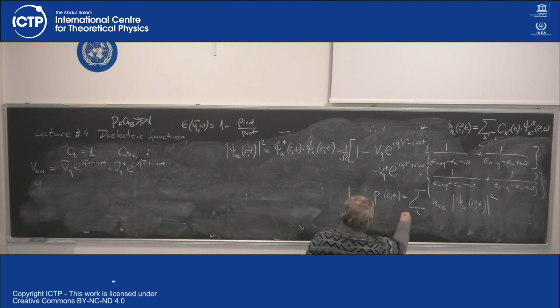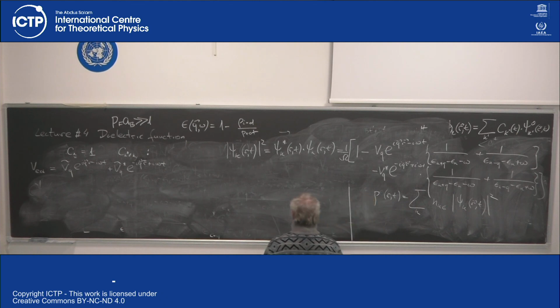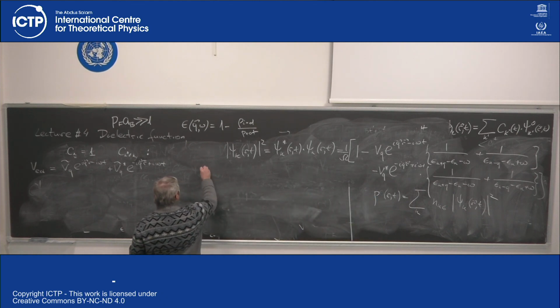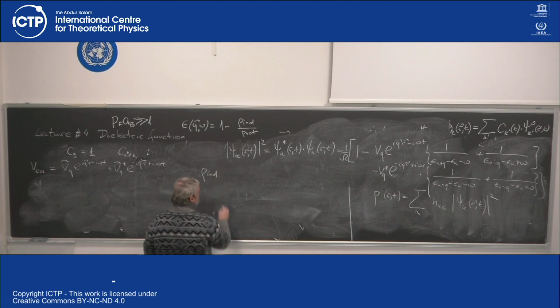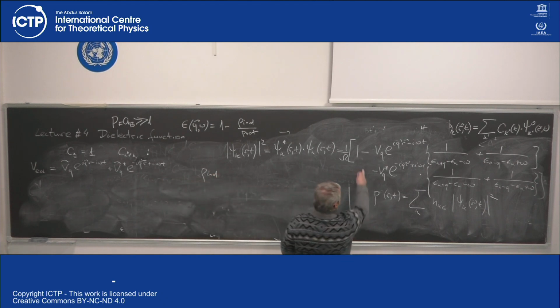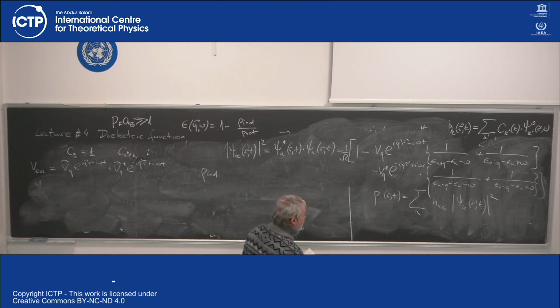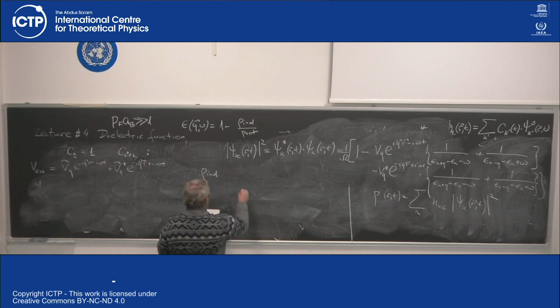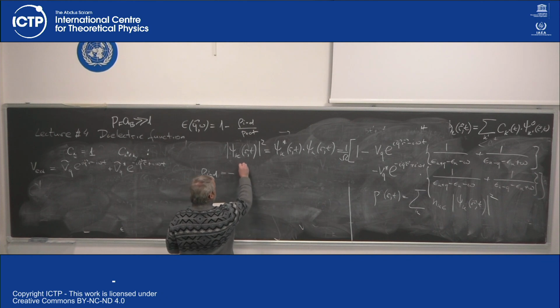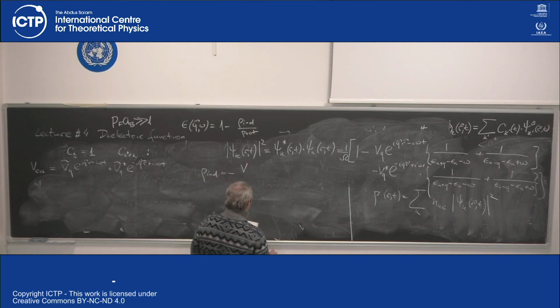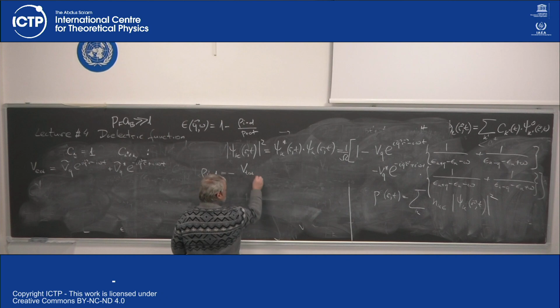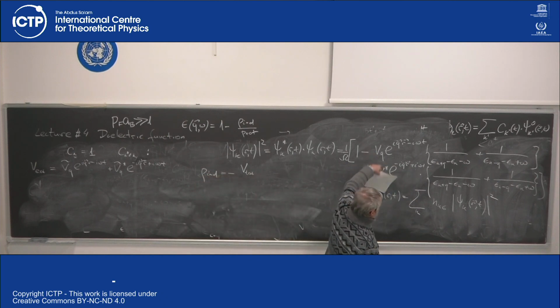So, from this, I can write down that my induced charge, rho induced, is associated with a charge without interaction. My induced charge is equal to minus V total, because this is the same term.